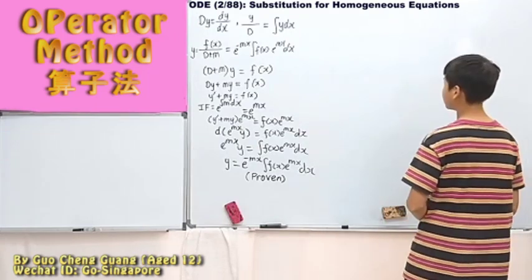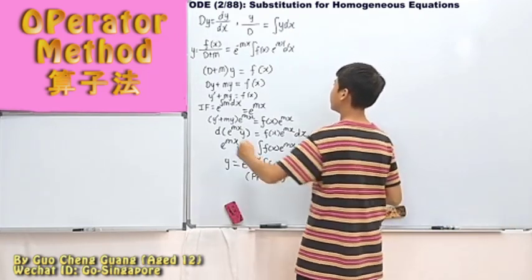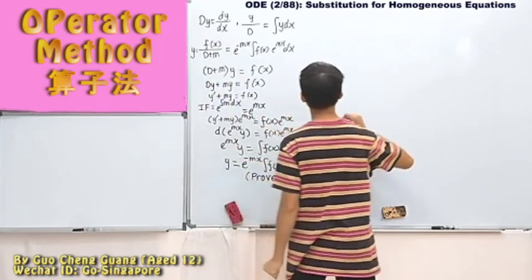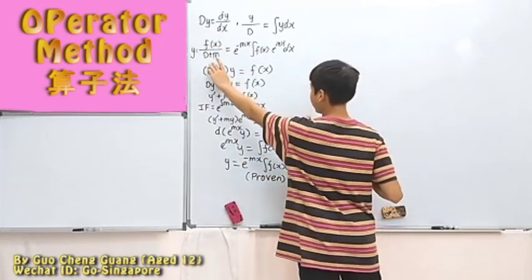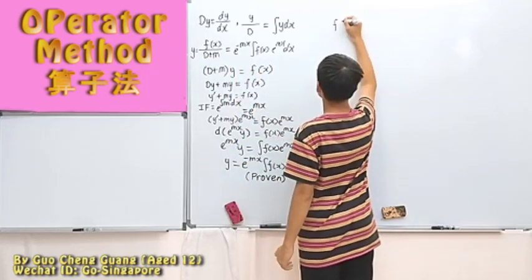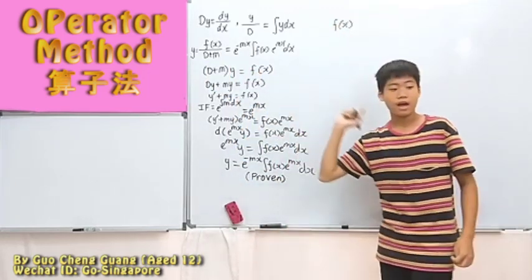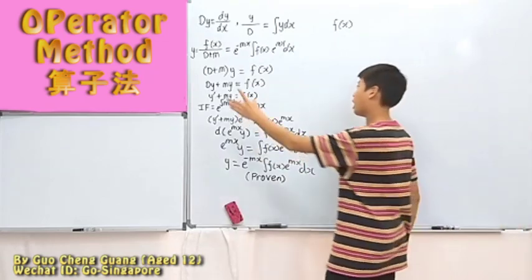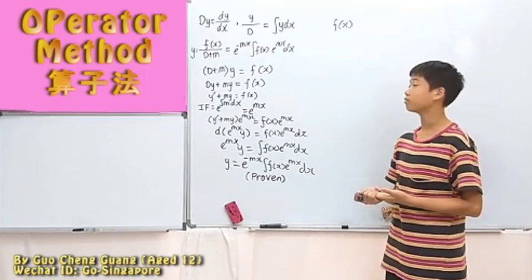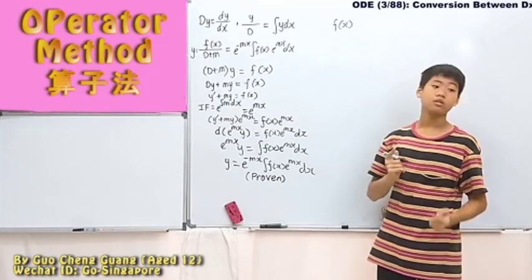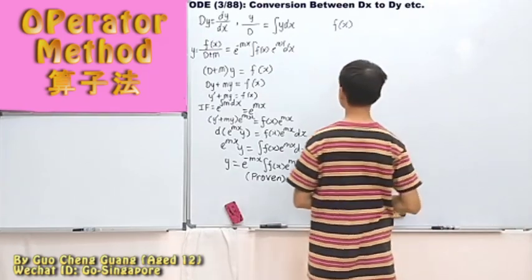Then the next part, if you already have a function like this, after you solve it, it will still be a function. So you can just take it as an f(x), since no matter how many times you solve, you still get a function of x. And for that function of x, you can call it f(x).